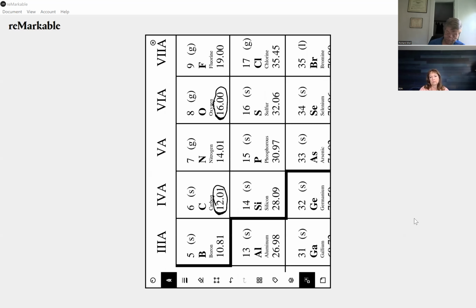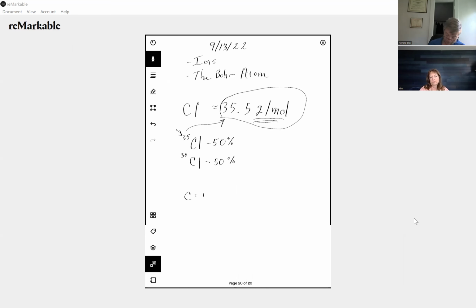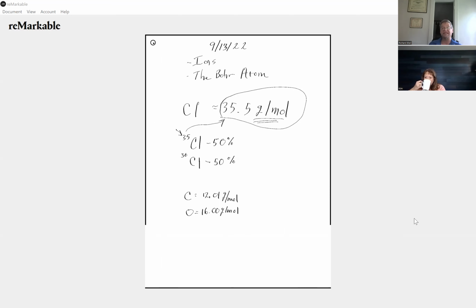And we want to look at, and it started off, by the way, with masses, the ratio of carbon to oxygen.